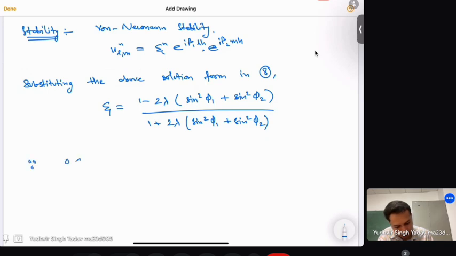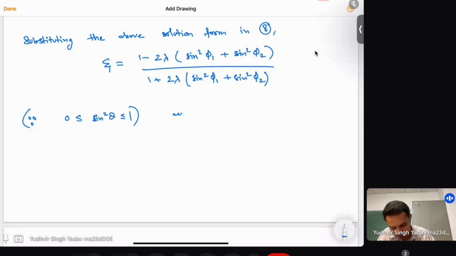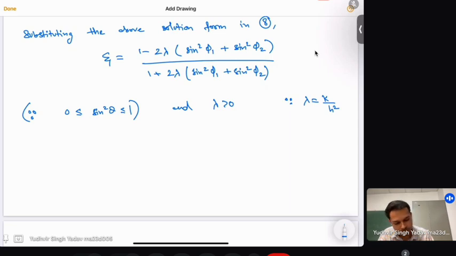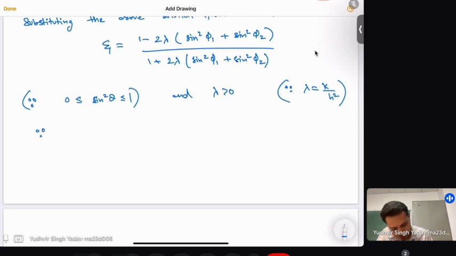Again, we already know that sine square theta will always be between 0 and 1, and also lambda is greater than 0, as lambda is nothing but k by h square, and since time is greater than 0, lambda will always be positive. Also, the condition for stability is that the modulus of xi should be less than or equal to 1.